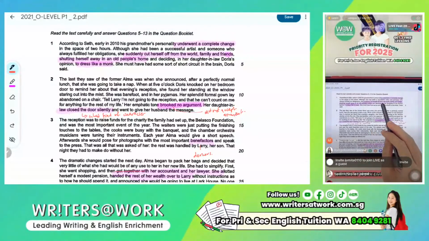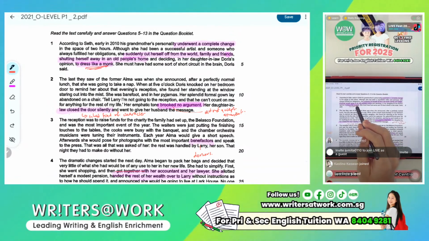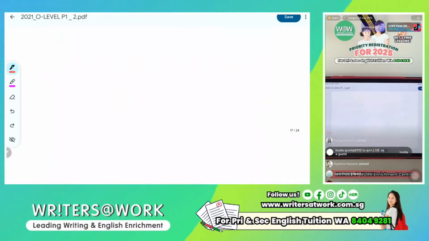She suddenly cut herself off from the world, shut herself in an old people's home, and she dressed like a monk. I think the only challenge is this. The other two are pretty obvious. We are looking at some kind of social isolation that is deliberately done by the person herself.